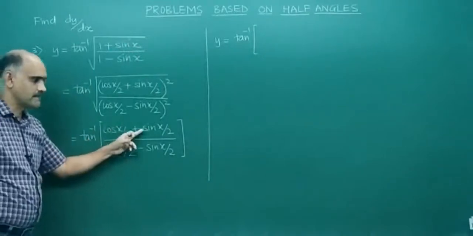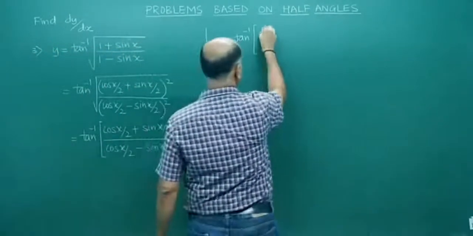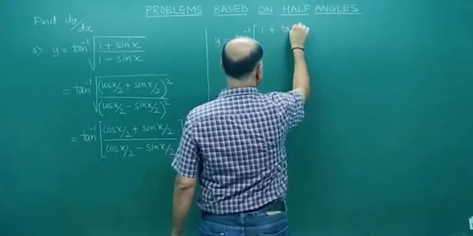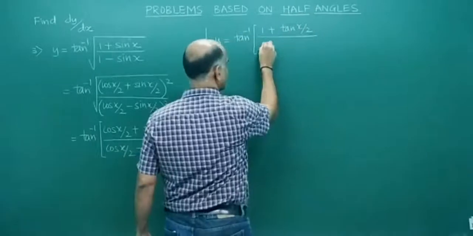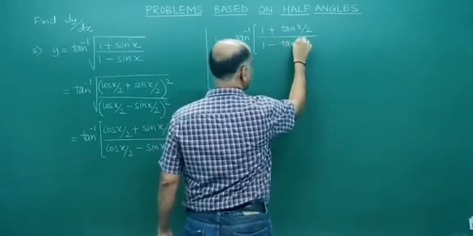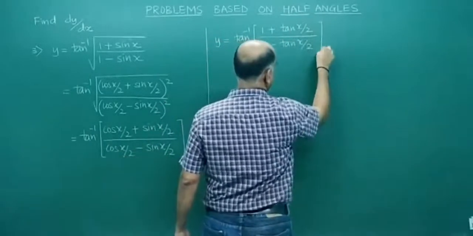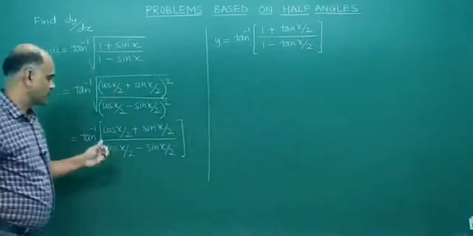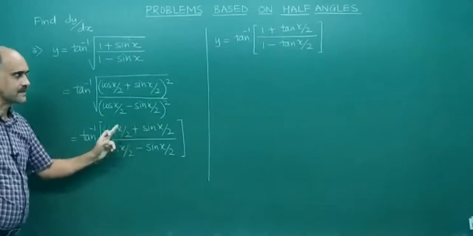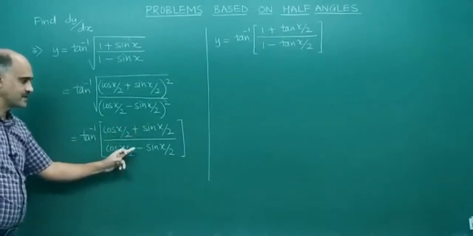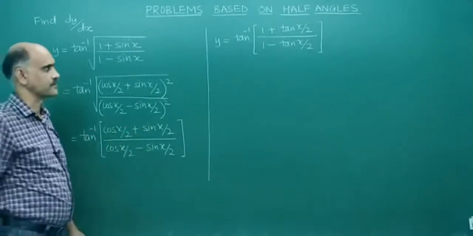You will have 1 plus tan x by 2 divided by 1 minus tan x by 2.